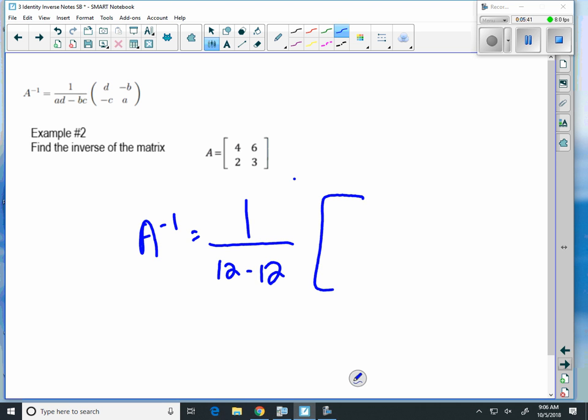Okay? Go ahead and let's set it up. What am I going to do with my 4 and my 3? Switch them. What about my 6 and my 2? Change their signs.